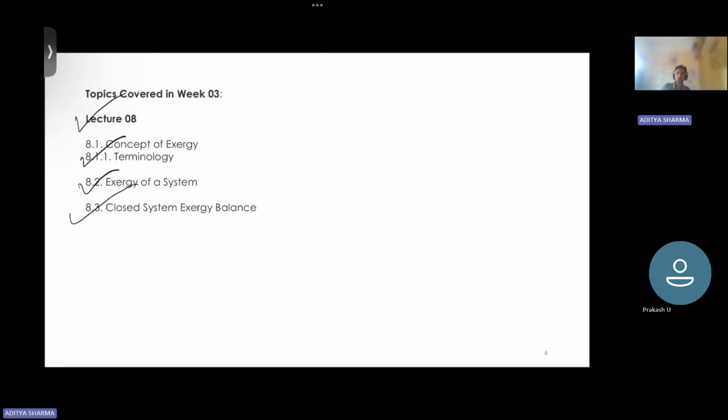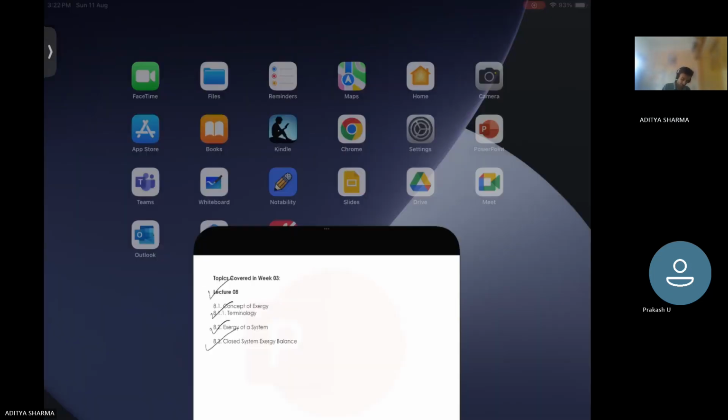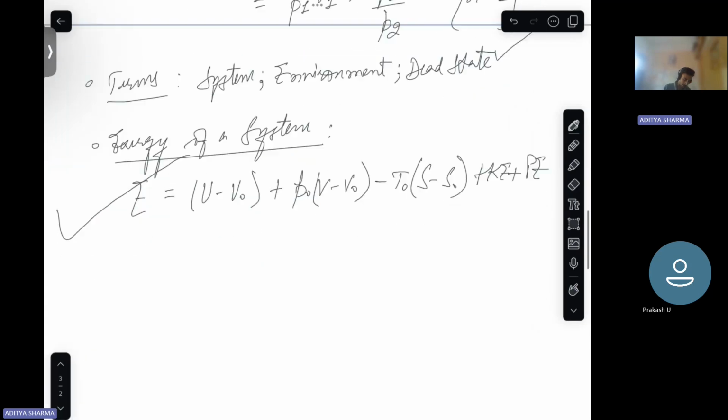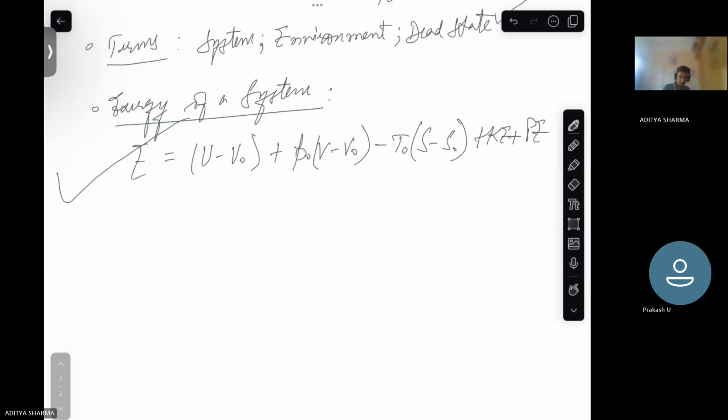One corresponds to a closed system, and the second corresponds to a control volume, in which there is some flow, and we try to balance the exergy in that case. I'll just write the balance for the closed system.